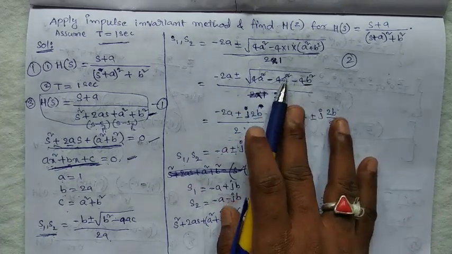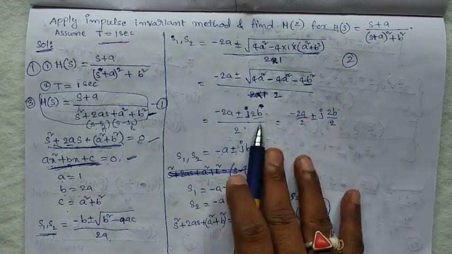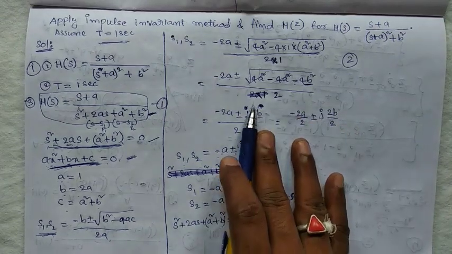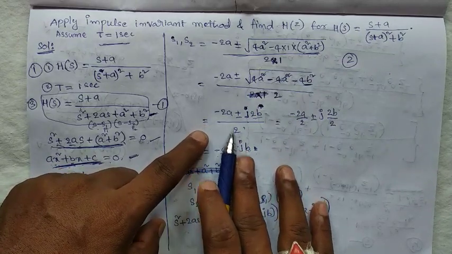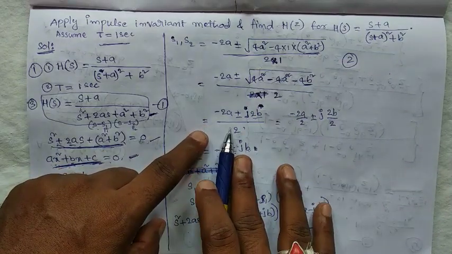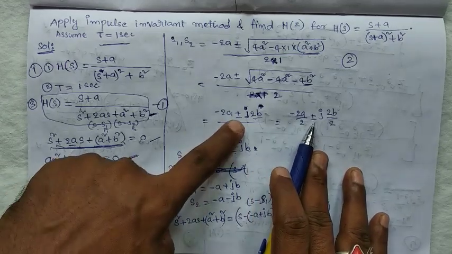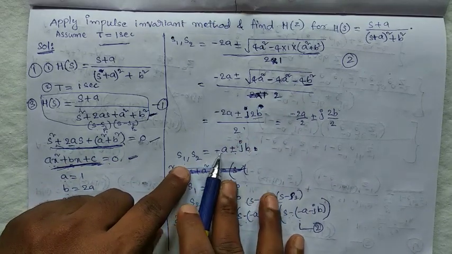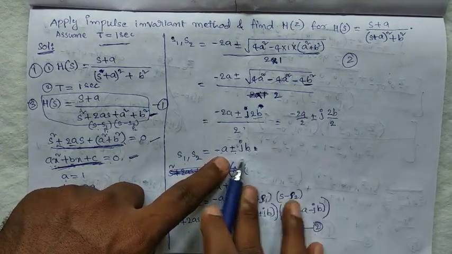The root of minus 4b^2 is j2b, since the root of minus 1 is j and the root of 4b^2 is 2b. All this is divided by 2, separating the real part and the imaginary part: minus 2a by 2 plus or minus j2b by 2. So s1, s2 is equal to minus a plus or minus jb.